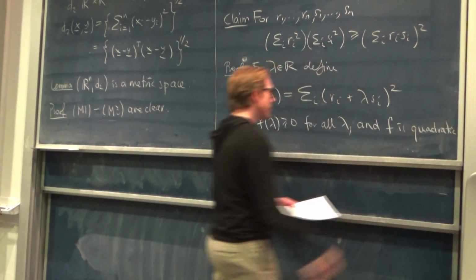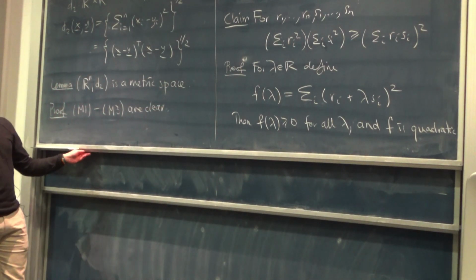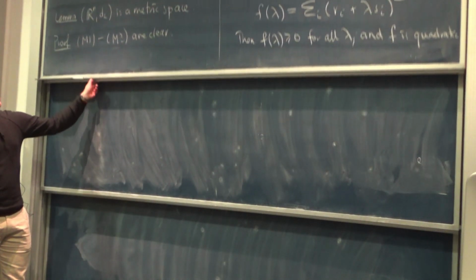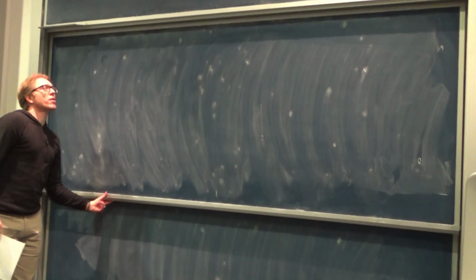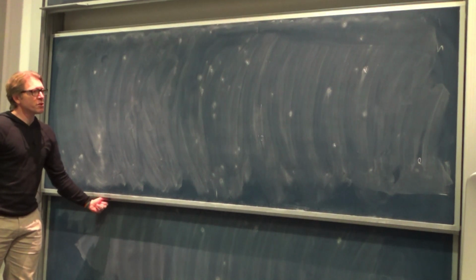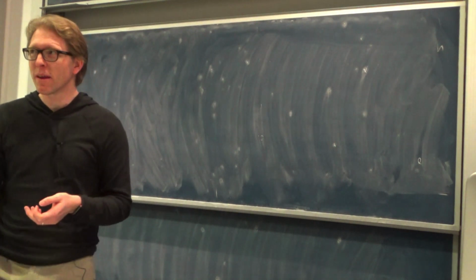Well, it's a sum of squares, so it's non-negative. And in lambda, it's quadratic, right? The highest power of lambda that appears is a square. So what do you know about a quadratic function with real coefficients which is never negative? Well, its discriminant has to be less than or equal to 0, right?